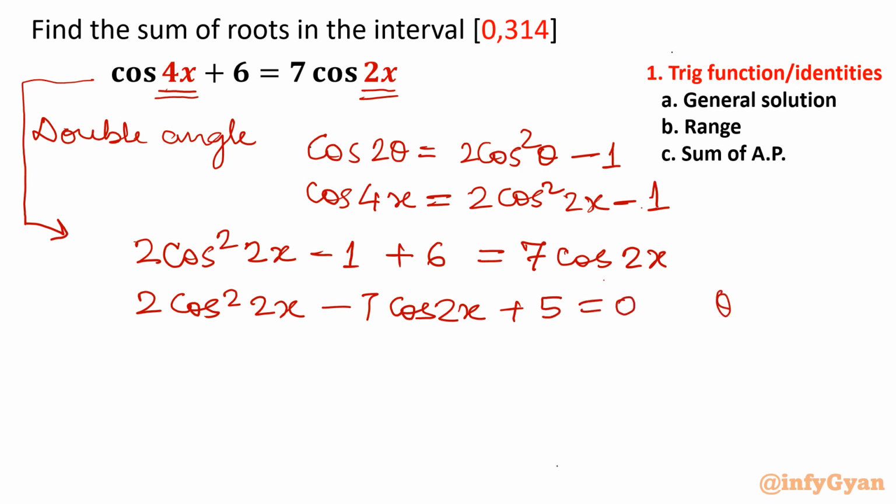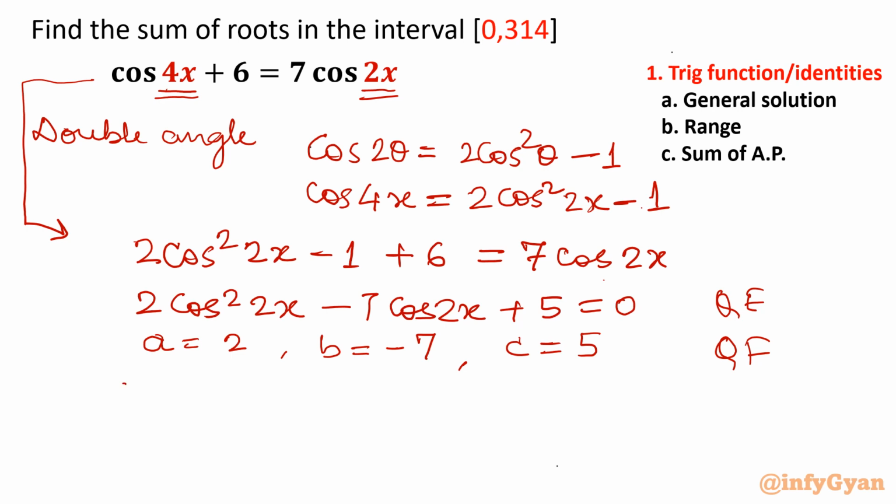Now it is a quadratic equation, so I will use the quadratic formula. A is 2, B is negative 7, C is 5. Because it is quadratic in cos 2x, there is no need to substitute.